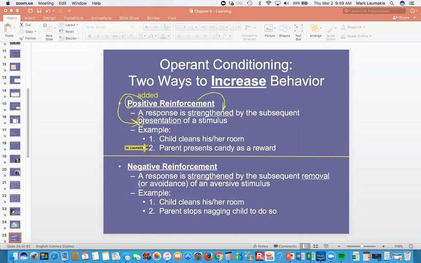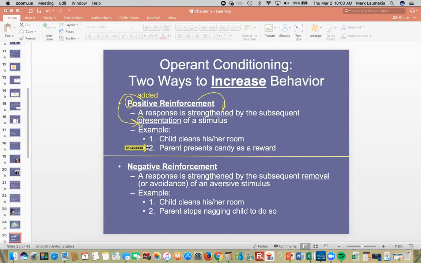Before we finish today, we'll make some distinctions between the food and drink and candy kinds of positive reinforcers, which we're going to call primary reinforcers, and the other things like attention and praise and money, which we're going to call secondary reinforcers, okay? The positive reinforcement is simple, right?